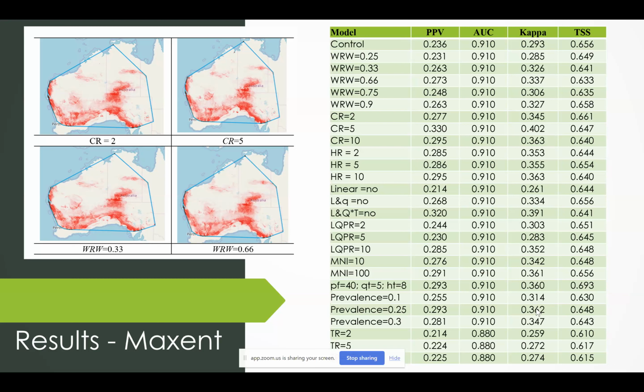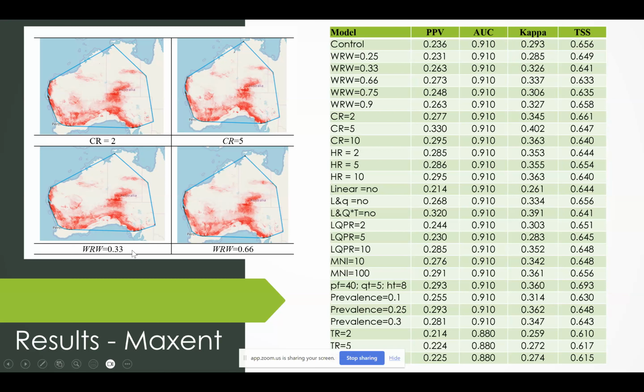Looking at the Maxent distribution maps, we find the CR equals 5 configuration has better performance, also compared with CR2, because CR2 got a higher TSS score. However, CR5 got the other three higher evaluation scores. But we can find AUC has a lot of similar scores here.